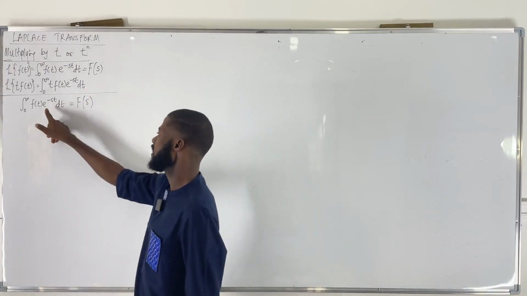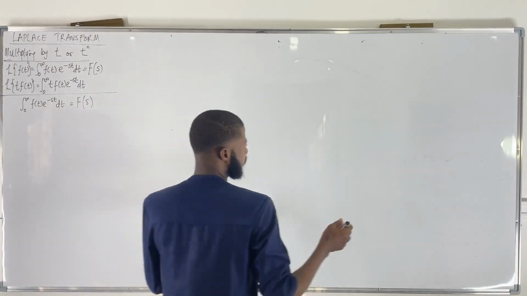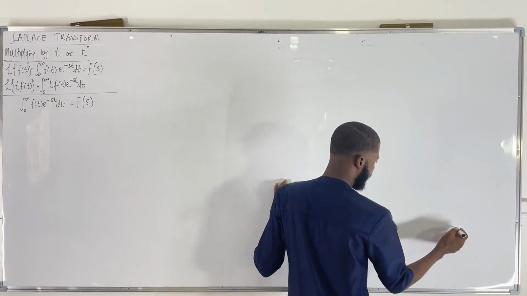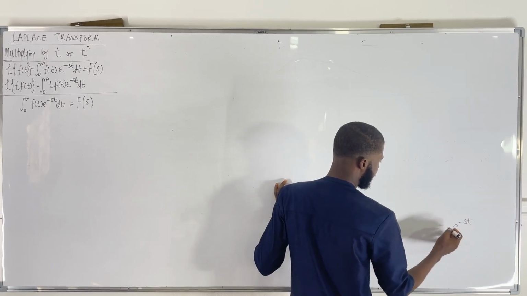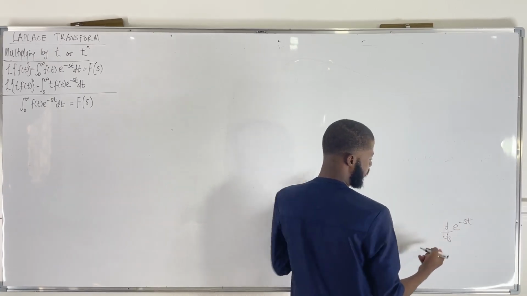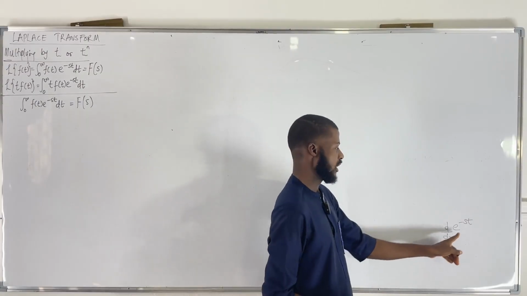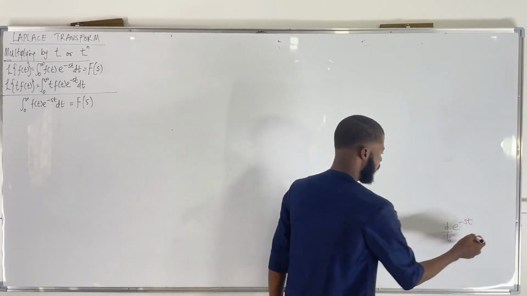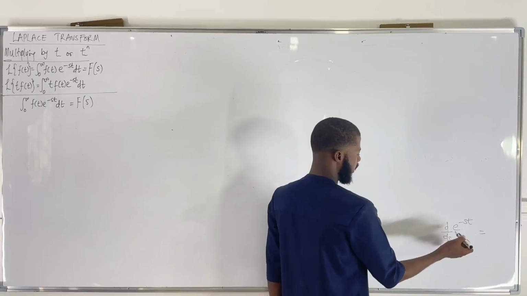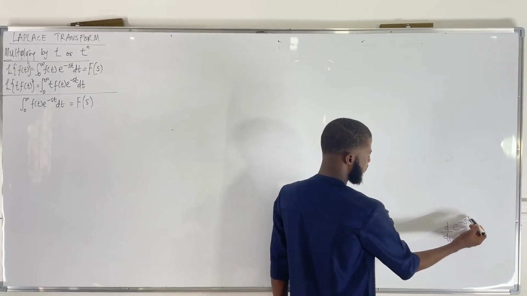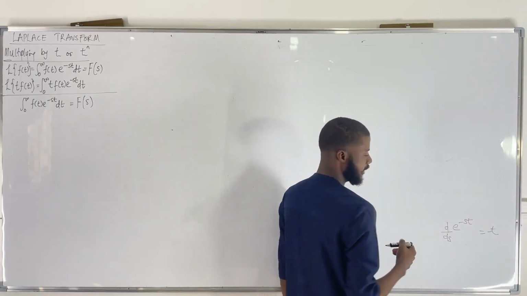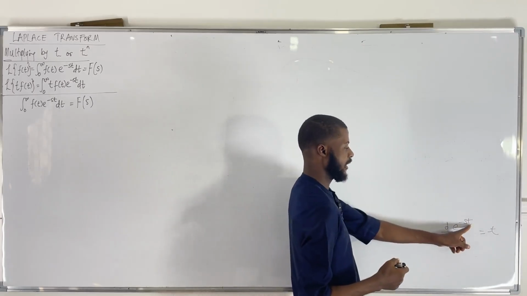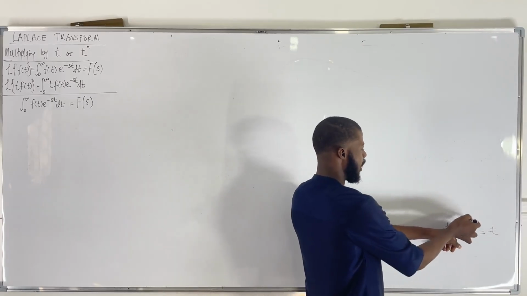Because if I have e to negative st, and I differentiate with respect to s, this will give us minus t, because the s here is raised to the power of 1.